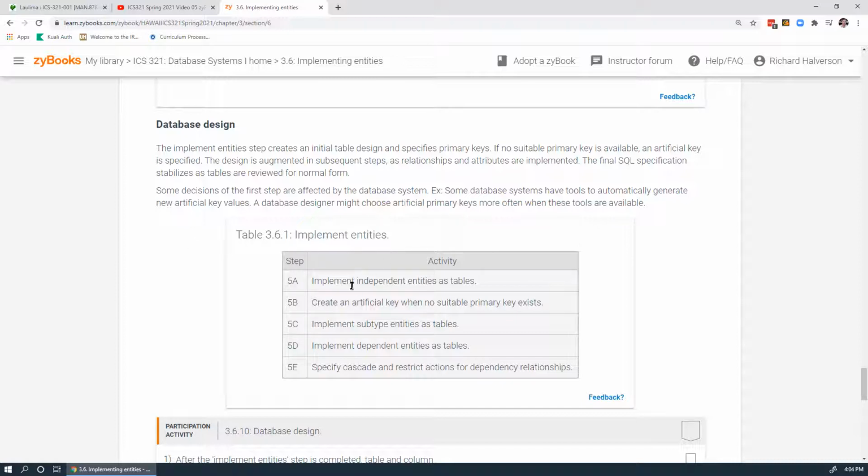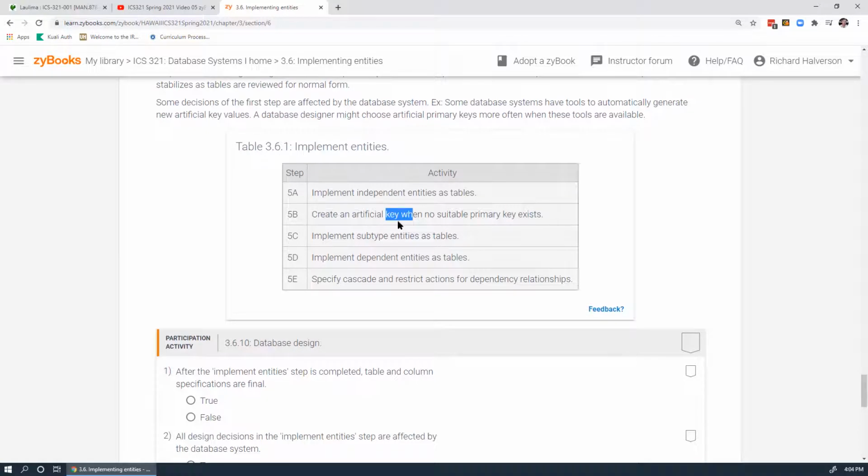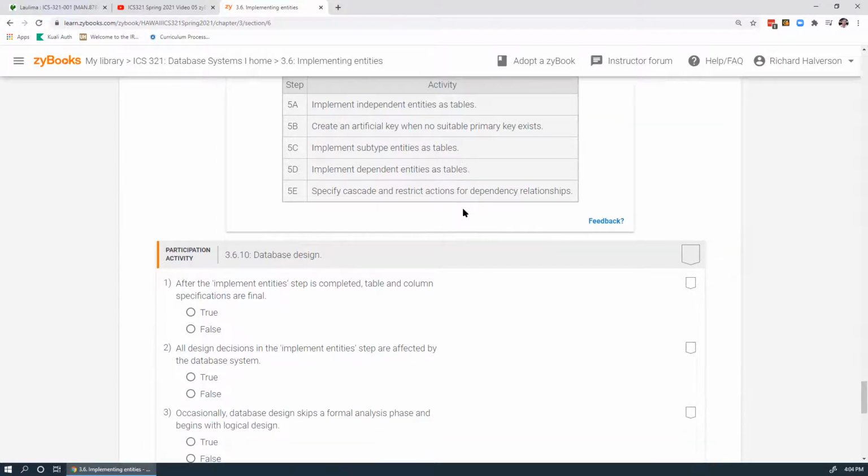So first we implement the independent entities as tables, and we create the keys for them, artificial ones if necessary. Then we implement the subtype entities as tables. That may involve pulling out data from the supertype. Implement the dependent entities as tables, and specify the cascade and restrict actions for the dependency relationships.